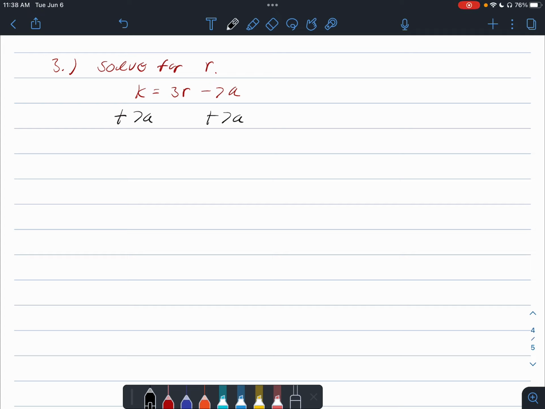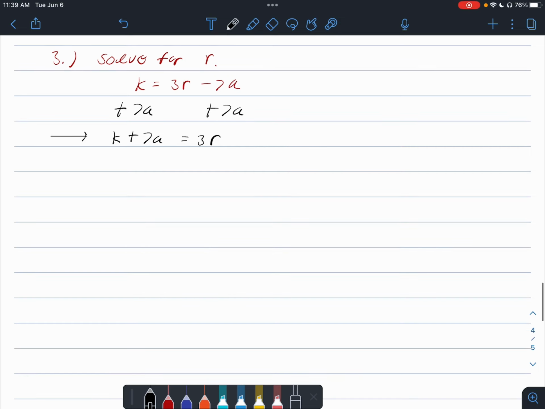This will eliminate the minus 7a on the right-hand side. So we'll have k plus 7a is equal to 3r. Try a little arrow here to show where we're going. We have k plus 7a is equal to 3r.